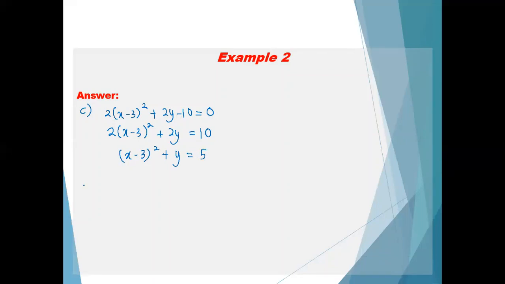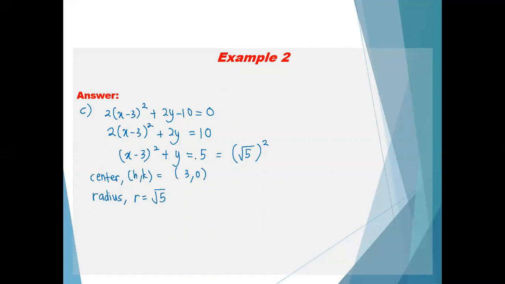By comparison, we can see that the center occurs at (3, 0). And the radius of the circle is square root 5. Why? It is actually square root 5 and then squared, so that is why you get 5.